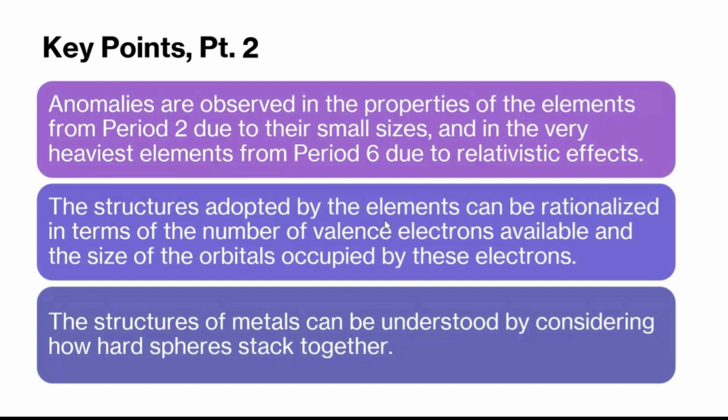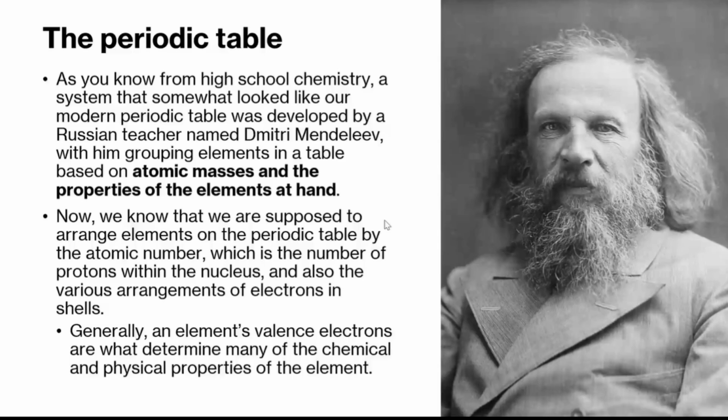Then we'll talk about how the structures adopted by the elements can be rationalized by thinking about the valence electrons available per atom and the size of the orbitals. And finally, we'll top this chapter off by considering how structures of metals can be thought of as simple ways to stack spheres together.